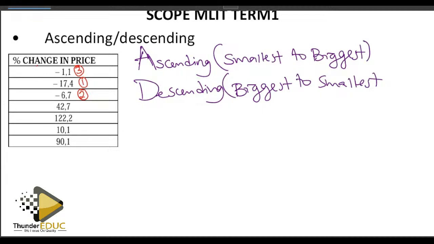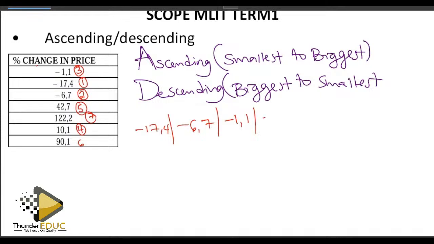So our first value here will be negative 17, followed by negative 6, followed by negative 1, followed by, now the smallest one comes to be 10, then 42, followed by 90, and at last we have 100. We are arranging from small to big.